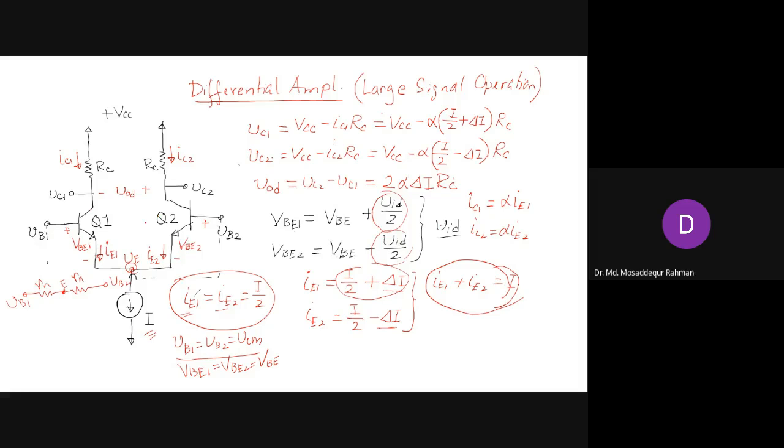But what is more important for the small signal operation is that the differential input voltage VID, which is the difference between VB1 and VB2, has to be small, less than 20 millivolt. That's the condition. Others you can have large values.